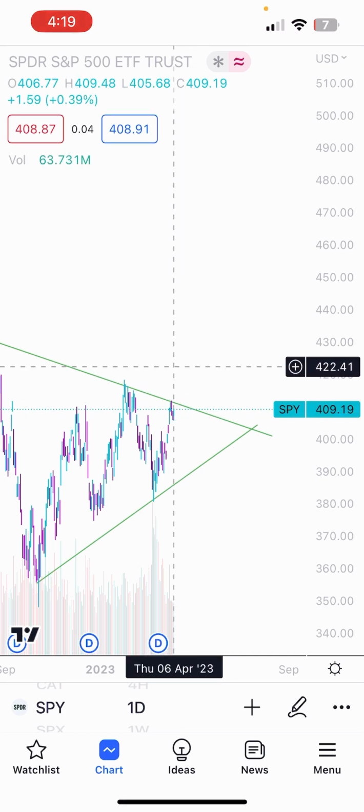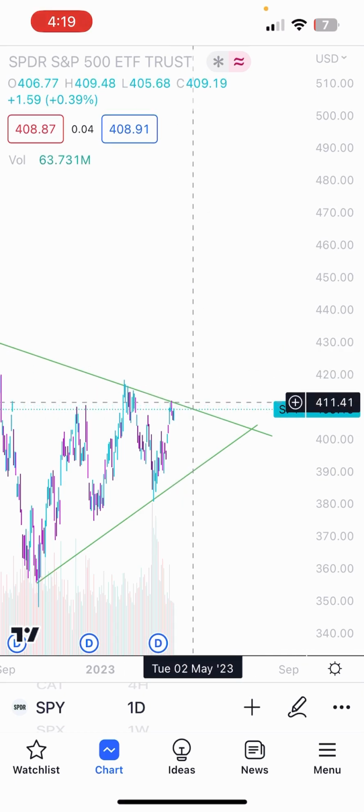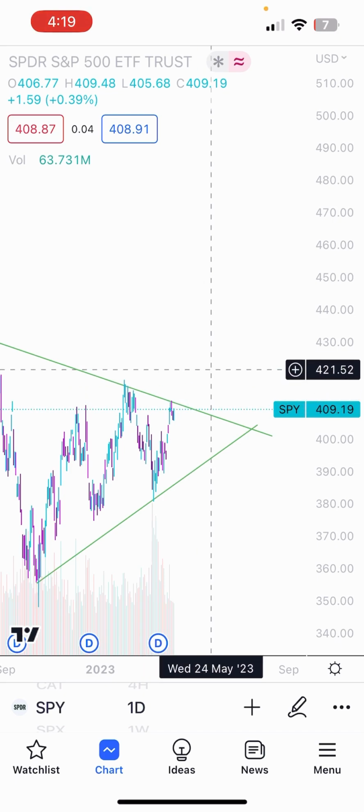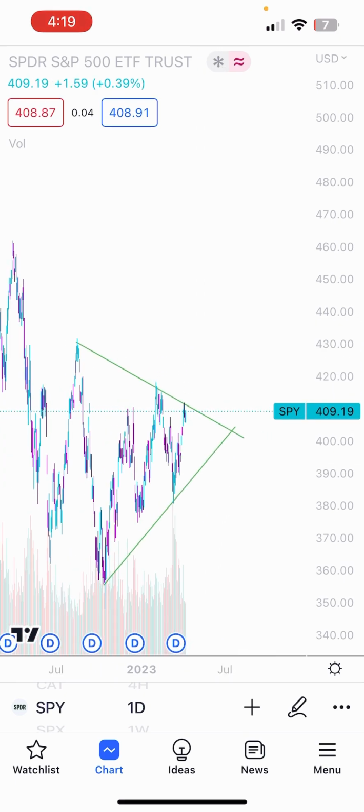Wait for a retest confirmation, and then we ride the wave to the next supply and demand zone. That's why if you put together supply and demand with the patterns, you could be unstoppable, right? This is not the only thing you need for trading, but this is very, very important.